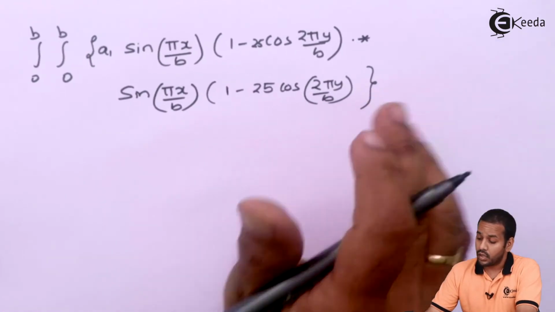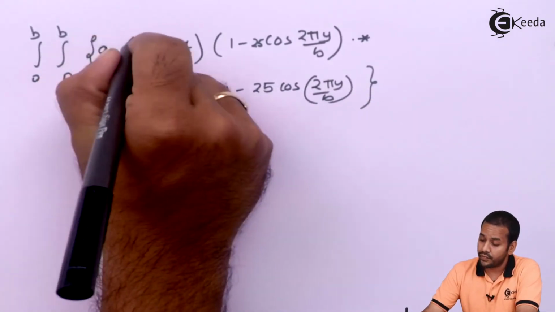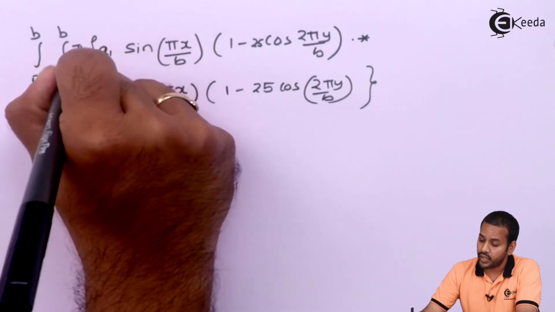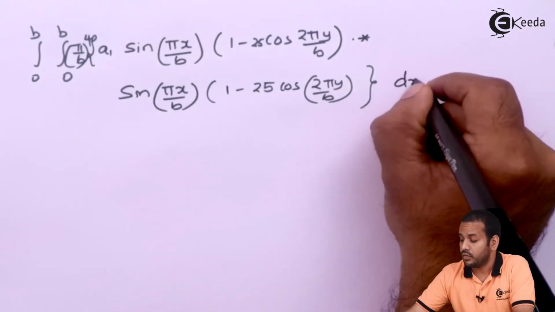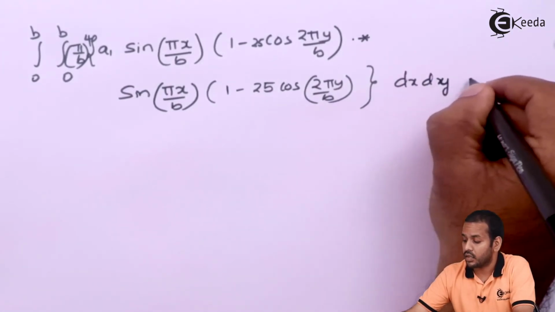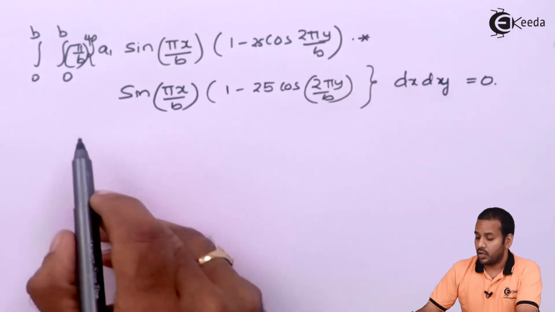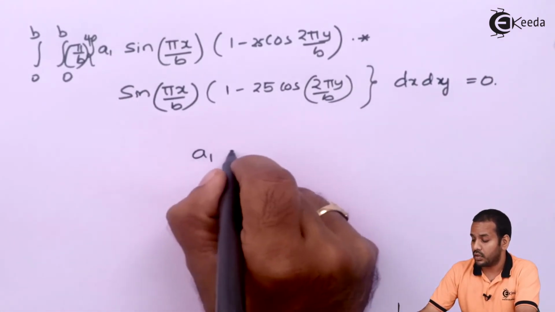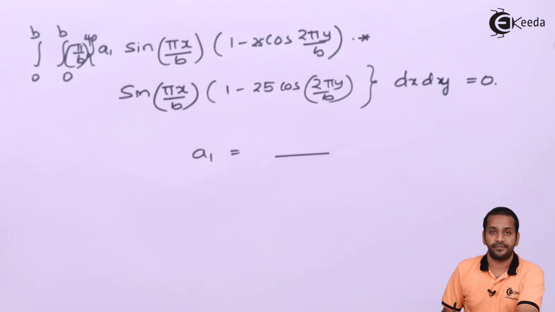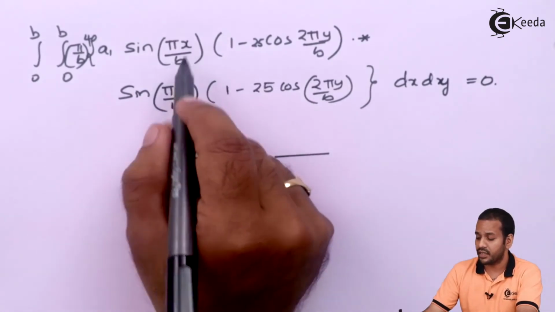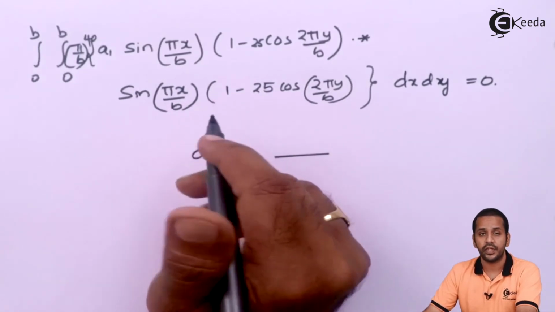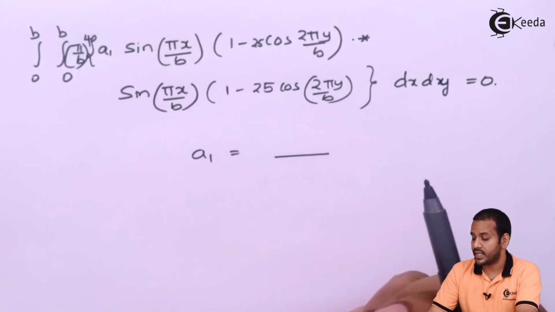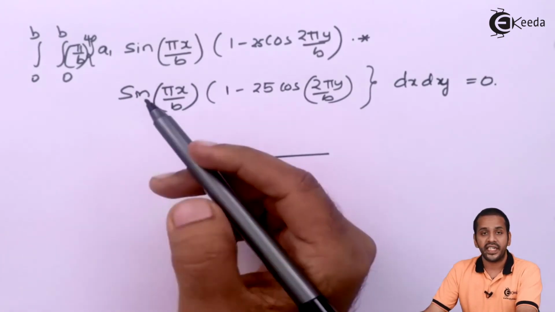Agreed? Did I forget anything? I forgot that (pi by b) whole power 4. Yes. Into dx dy equal to 0. Solve this integral for a1. It's a very direct integral. You just have the product terms. Calculate those sine and cosine terms using trigonometry, then you can calculate this easily and find the constant a1.